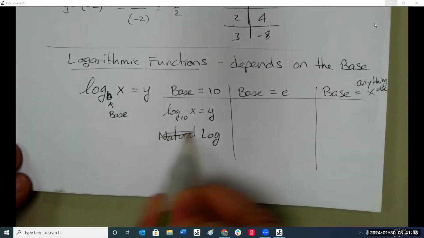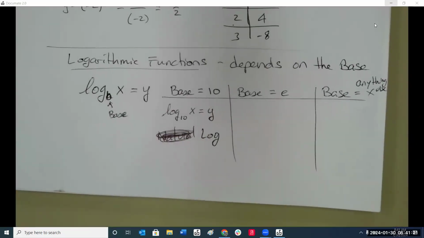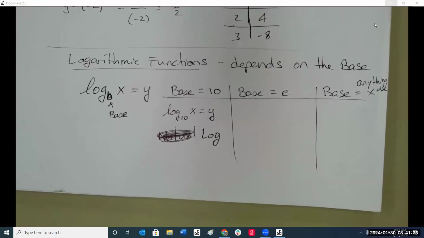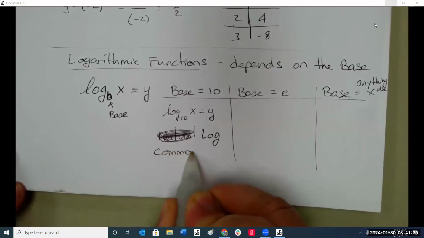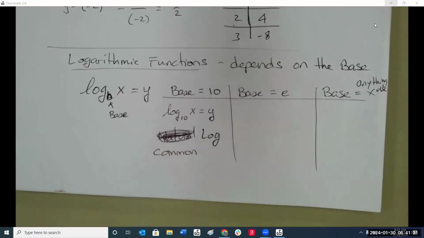Actually, no. It's not a natural log. I'm sorry, I'm getting ahead of myself. It's called a common log. What base is our counting system in? 0 through 9, or we have 10 digits. It's a base 10 system.